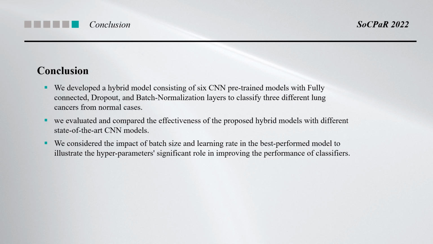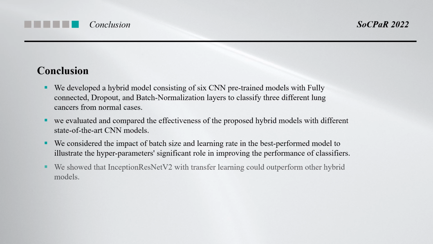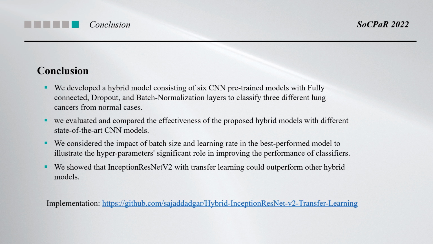Next, we considered and analyzed the impact of batch size and learning rate in the best performing model to illustrate the significant role of hyperparameters in improving the performance of classifiers. And finally, we showed that Inception ResNet V2 with transfer learning could outperform other hybrid models. Also, all implementation of our model can be found in this GitHub link.